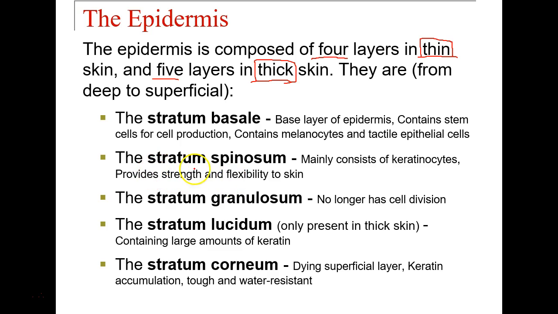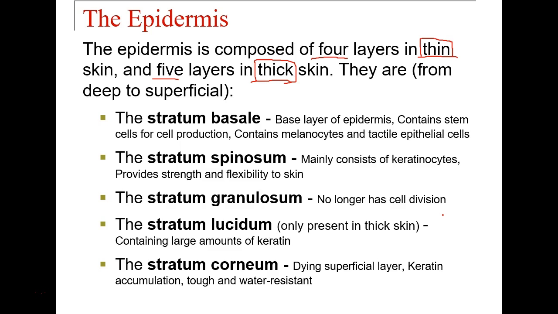Stratum spinosum is mostly keratinocytes. This is where we start the production of keratin to create tougher cells to help with any abrasion or injuries that might come our way, providing strength and flexibility. In granulosum, we no longer have cell division.